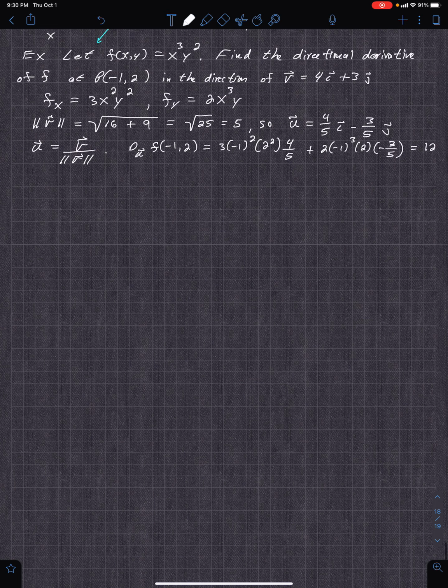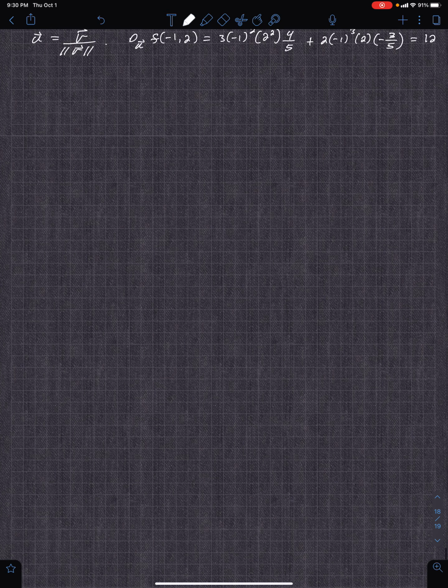Now I want to define the gradient. So let's take a look at that. It's an upside down delta, which looks like this. You read that as del f, or you call that the del operator.